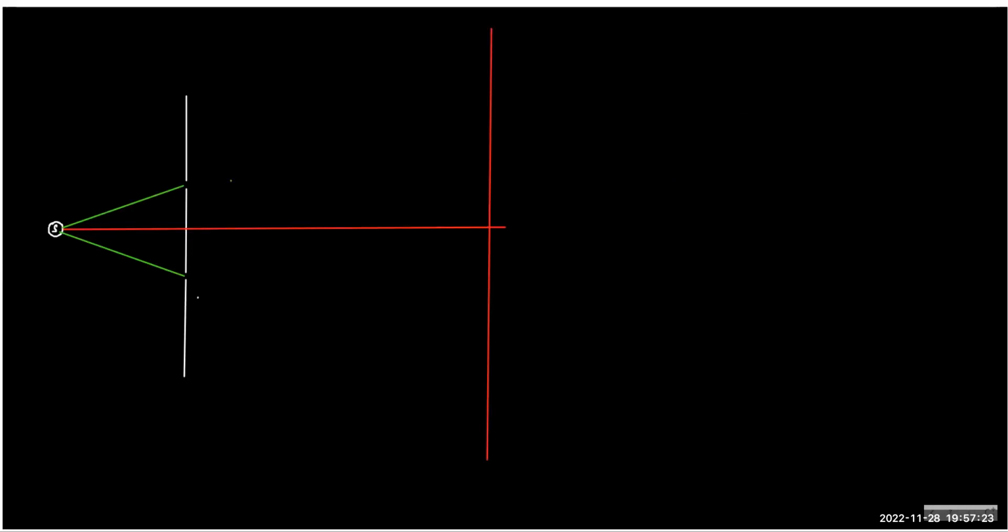So now there is no source actually. Rather, a beam is coming. You can say a plane wavefront is coming from far away, like this.